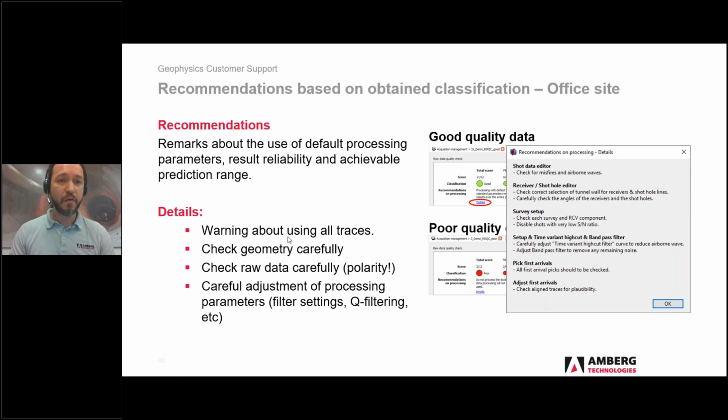For instance, warnings about using all traces. Maybe you should not use all traces, or all receivers. Check geometry, check the raw data carefully, polarity issues maybe, and carefully adjust processing parameters, the filter settings, the Q filtering. If you have a poor quality data set, for sure you need to do this more manually, with some interaction in each processing step.